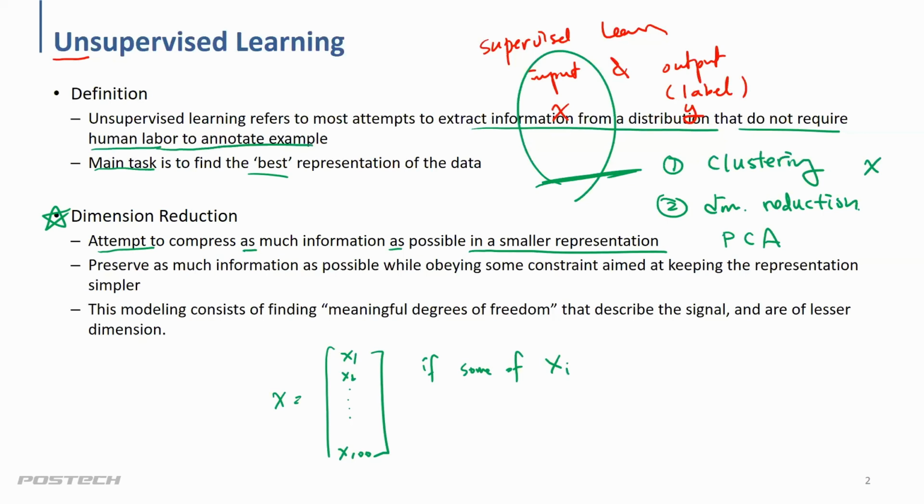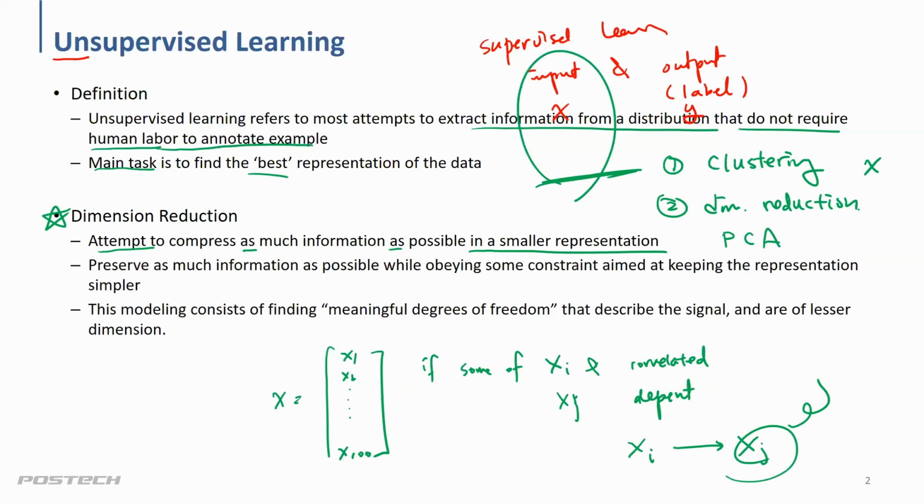If xi and xj are dependent or correlated, then if we know i, we can infer j. We can think of these as redundant information, so we don't need to carry all of the features. We can get rid of one of them and reduce the number of features.